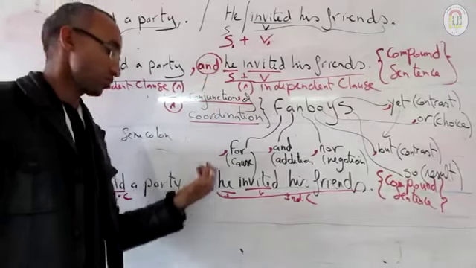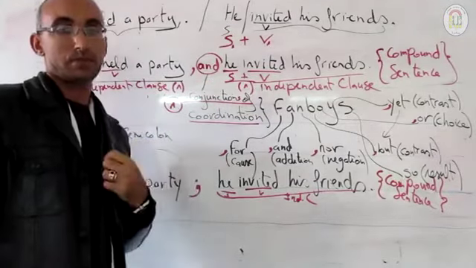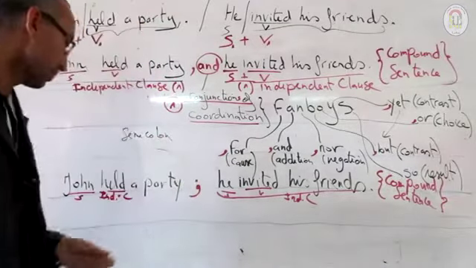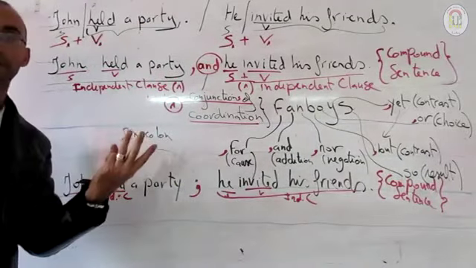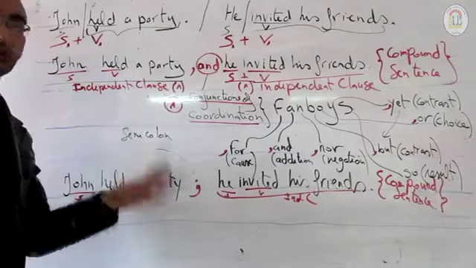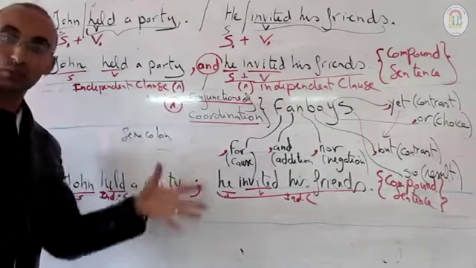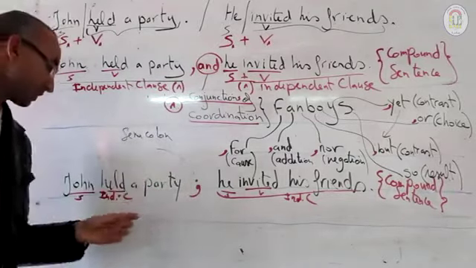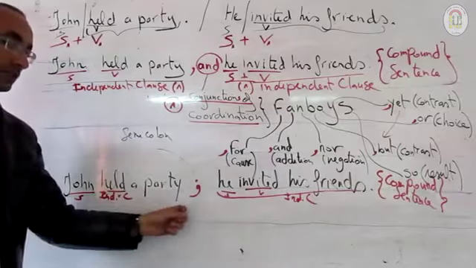Clear? Joining elements. Still, there is another, third way, or third joining element that English also uses, because we are following the language, the grammar. Clear? We have to stick to the rules. Alright. John had the party.